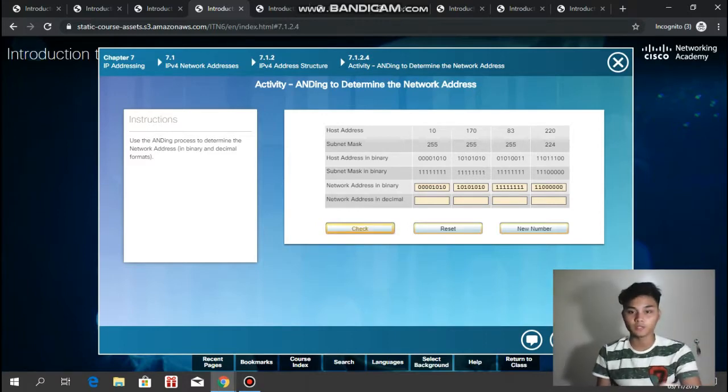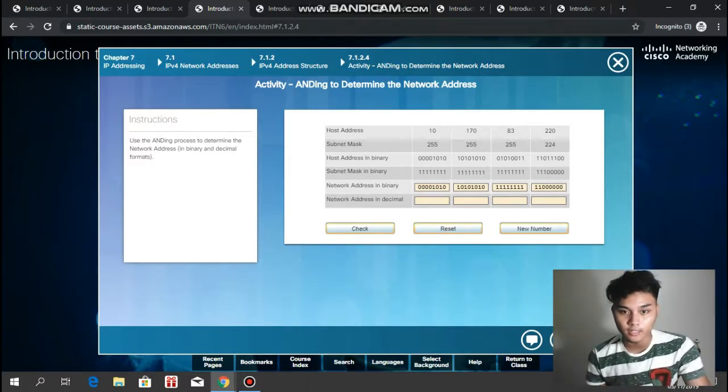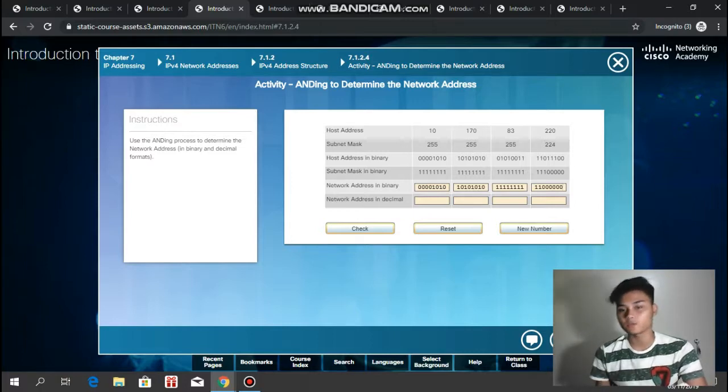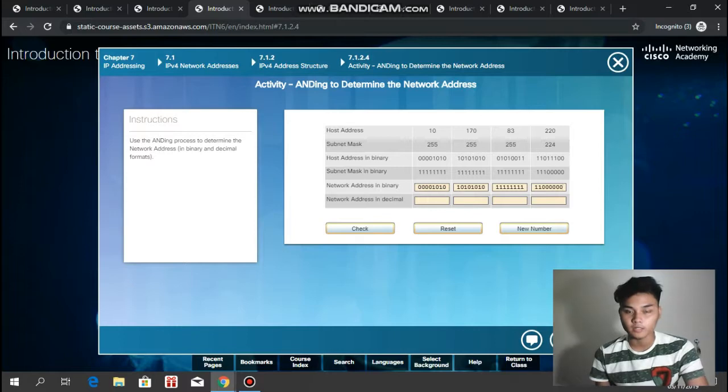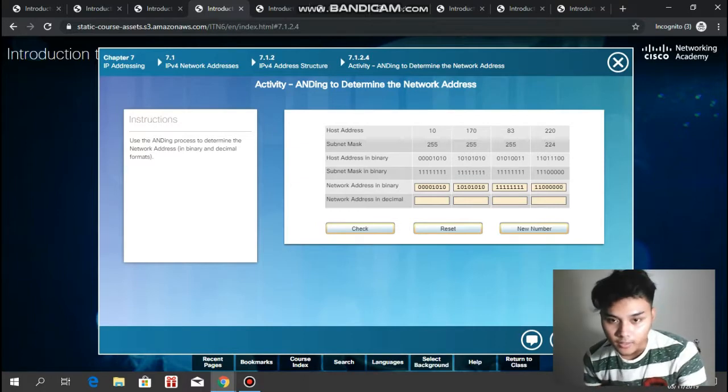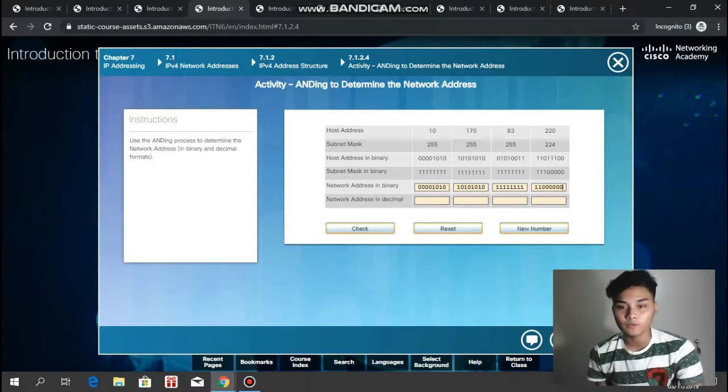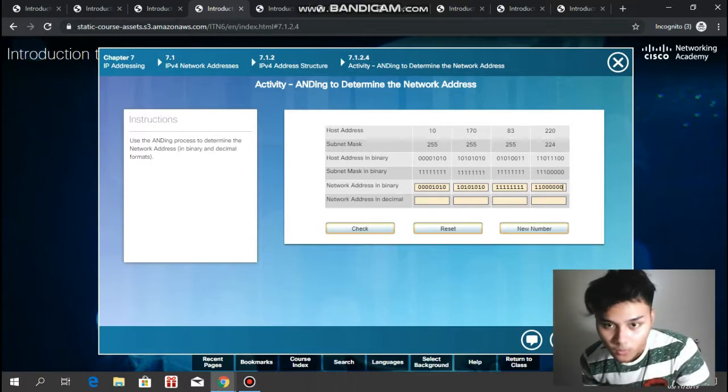So we have to answer now the network address in decimal. As you can see, we have this network address in binary, so we have to answer in decimal. So we focus on the number 1s.